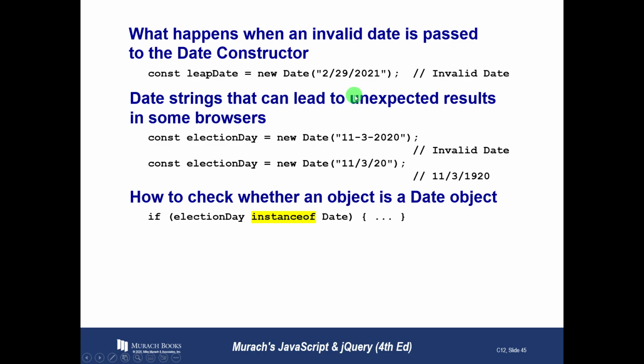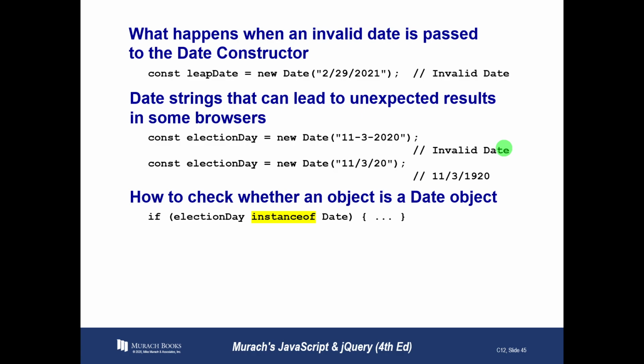Some strings can lead to unexpected results in some browsers. new Date, and instead of using slashes, we're using dashes, 11-3-2020. Some browsers it might work. Other browsers, it will end up with an invalid date. So it's important to do a lot of user validation.